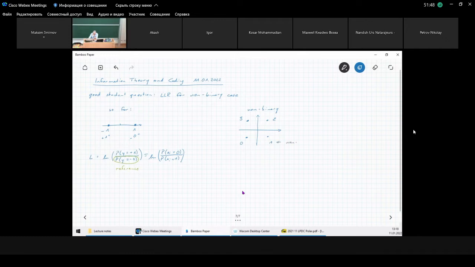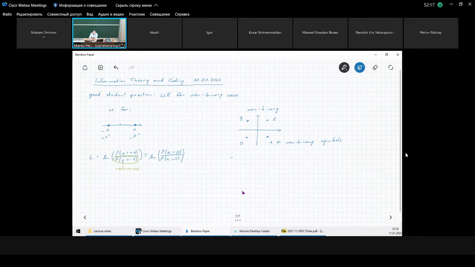Non-binary symbols. And also here I would have to decide for one to be the reference.